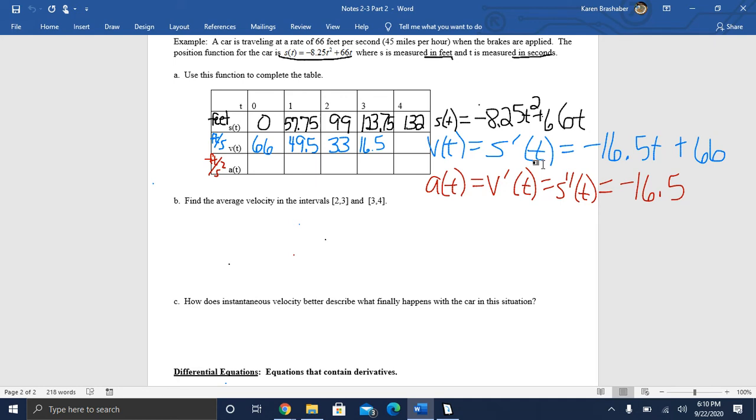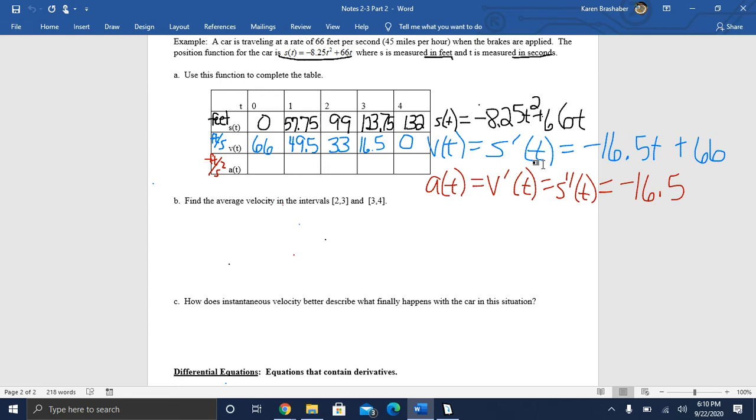So in other words, we know the velocity at time 0 was 66 feet per second. We know it at 1 second. We know it at 2 seconds. We know it at 3 seconds. And finally, at 4 seconds, we know that the car has 0 velocity. So it has stopped.